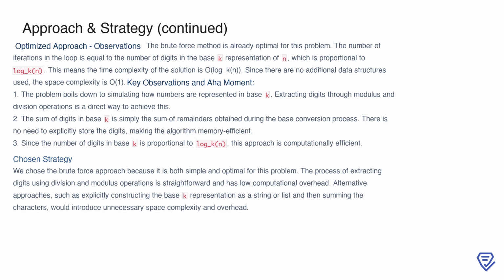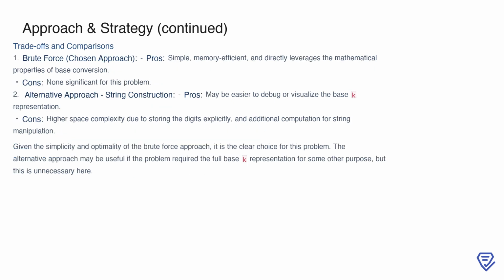When comparing approaches, the brute force method stands out as the best choice for this problem. Its main advantages are its simplicity, memory efficiency, and reliance on straightforward mathematical operations to directly solve the problem. It doesn't require any additional steps like storing digits, which keeps the space usage minimal.